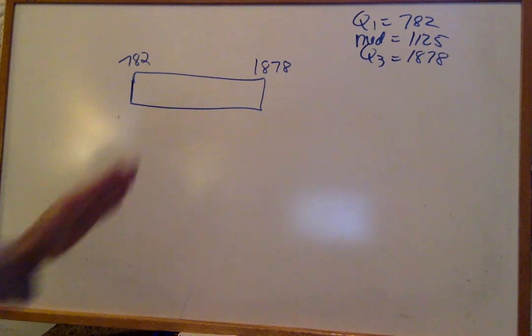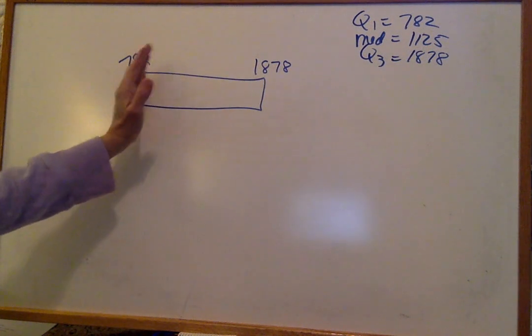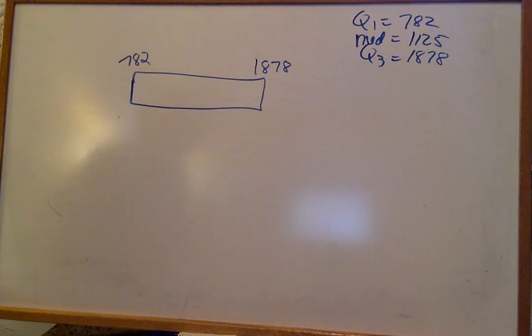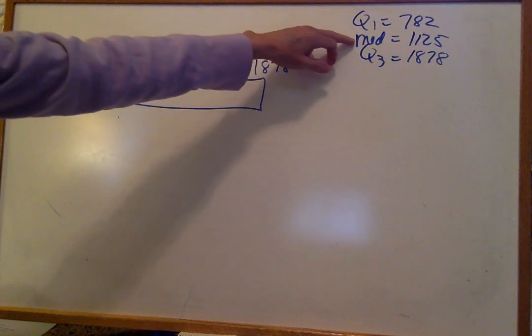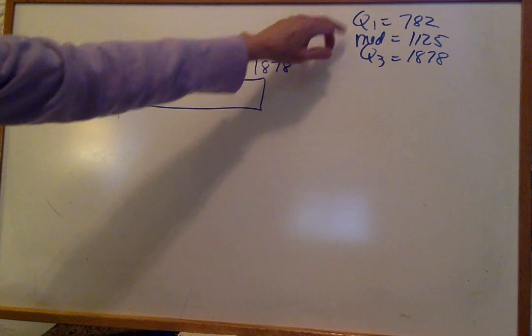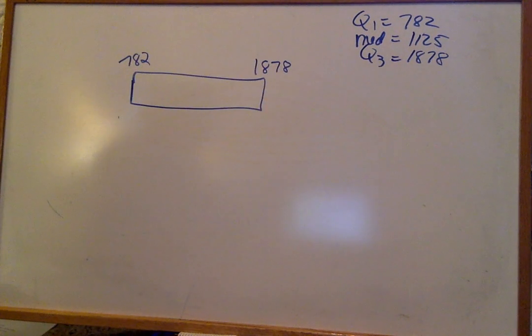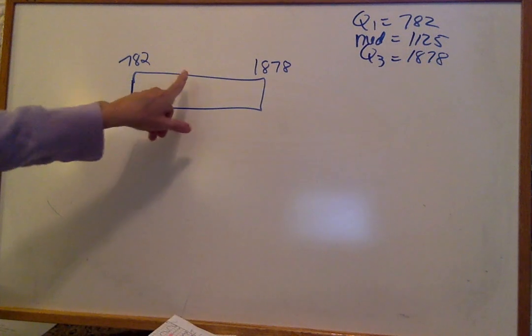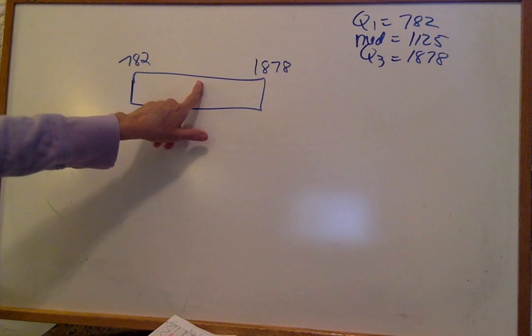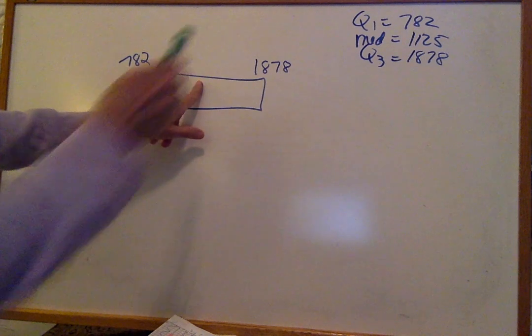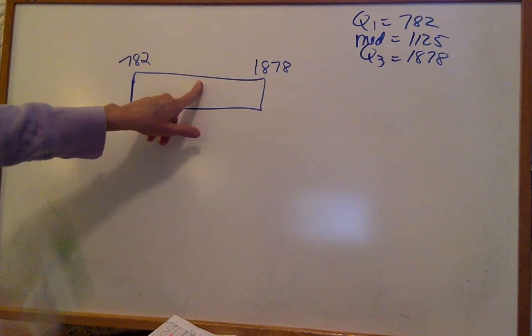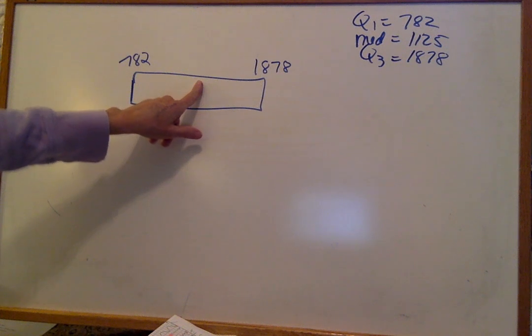Now we got to figure out where to put the median. Basically, you only have three choices. Is it dead center? Is it somewhere to the left or somewhere to the right? Sometimes it's easy enough to eyeball it to figure out if 1125 is closer to the 782 or closer to the 1878. But if you're having trouble with that, you could figure out what the middle of the box is just by averaging those two numbers, if you want to think about it as a midpoint, right?